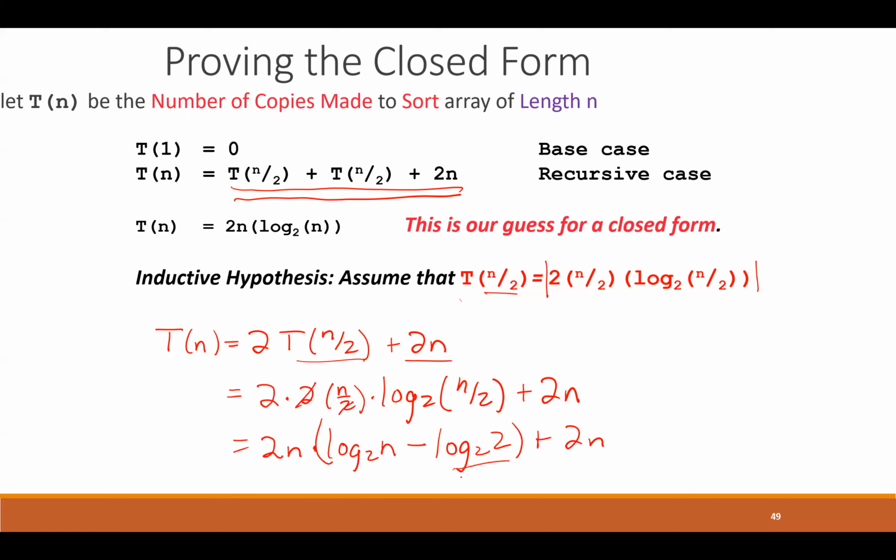I'm running out of space a little bit, but I get 2n log base 2 of n minus 1 times 2n, plus 2n. These cancel out, and I'm left with 2n times log base 2 of n. All right, that's good. Questions on that?